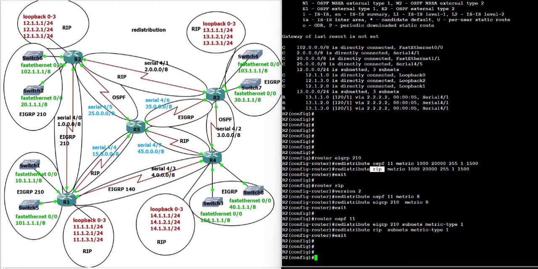Router RIP redistribute OSPF 11 and EIGRP 210. OSPF redistribute EIGRP 210 and RIP. Here the subnets, mask, metric.